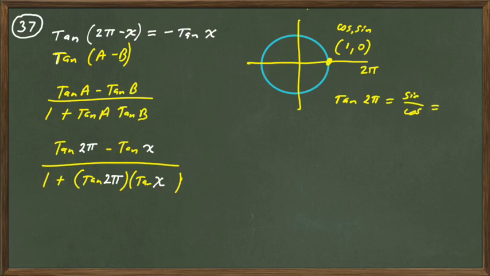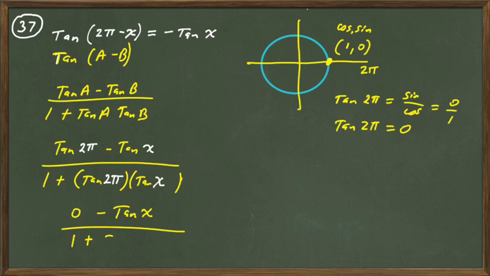So what's the sine? 0 over 1. So I believe the tangent of 2 pi is going to be 0. So this tangent of 2 pi is 0 minus the tangent of x. On bottom, tangent of 2 pi is 0 times the tangent of x.